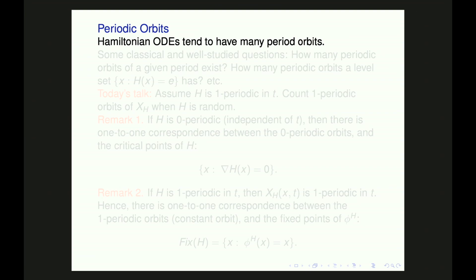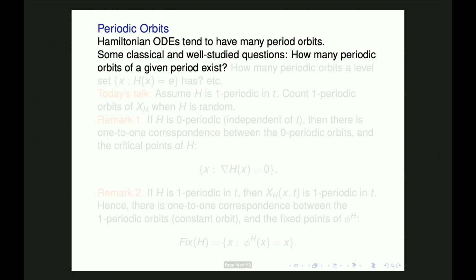So again, if you compare it to gradient vector fields and solutions to associated ODEs, Hamiltonian ODEs somehow are the opposite. For one thing, they tend to have many periodic orbits. So it's of interest to understand what periodic orbits are. And some well-studied questions in mechanics, with applications in geometry, the so-called symplectic geometry, are: how many periodic orbits do we have?